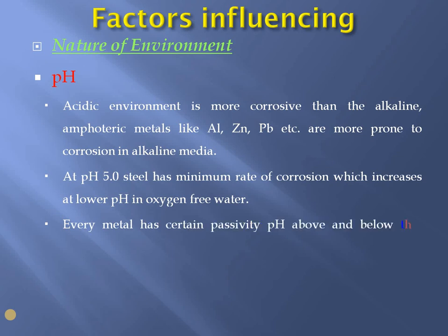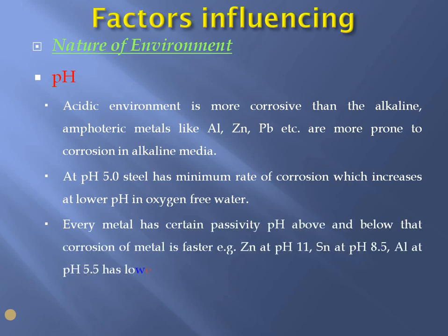Similarly, every metal has a certain passivity pH. Above and below that, the corrosion of the metal will be faster. For example, zinc at pH 11, stannous at pH 8.5, aluminium at pH 5.5 has lowest rate of corrosion.